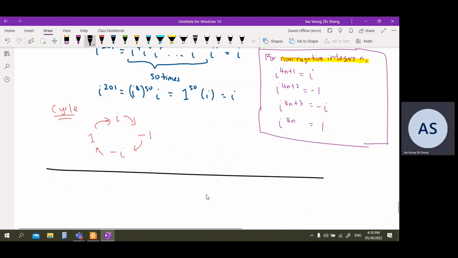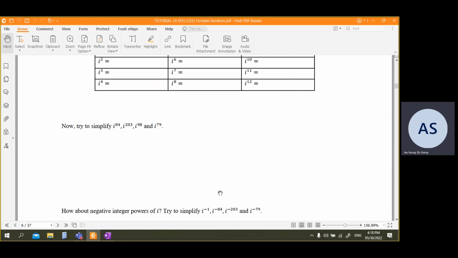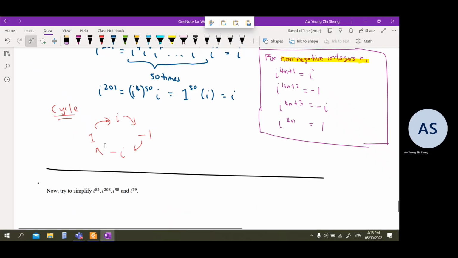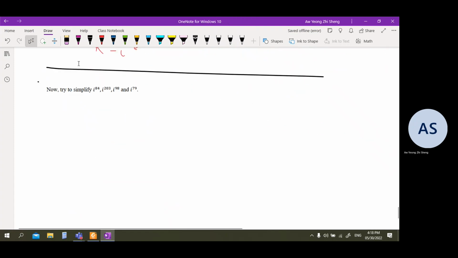Now with all those in mind, let's try to simplify i power 84, i power 203, and so on. These few examples. i to the power of 84. From our experience, we know that we will try to factor out as many i power 4 as we can.